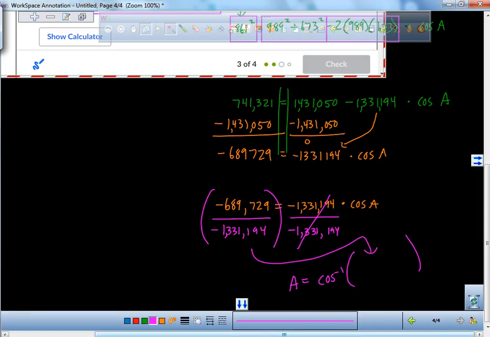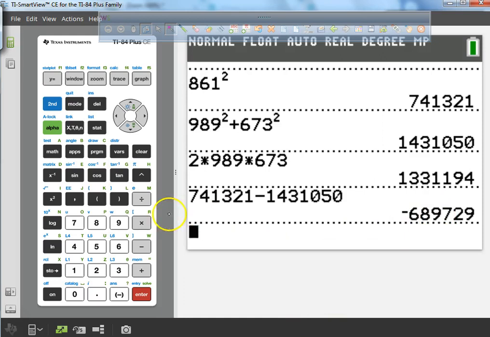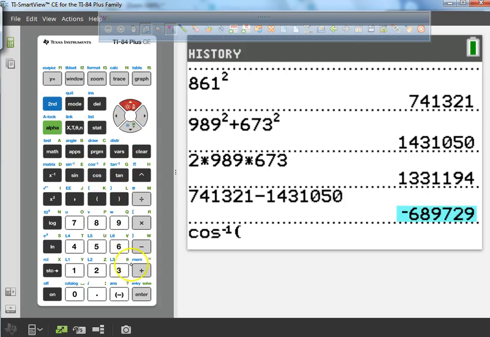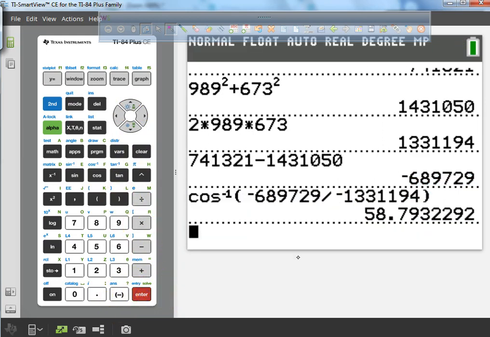Okay? So right now, if I take this guy, I'm going to go second cosine. I'm going to take him right there, and I'm going to divide it by a negative, close it, and press enter.